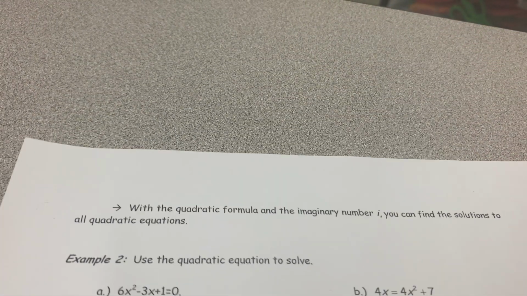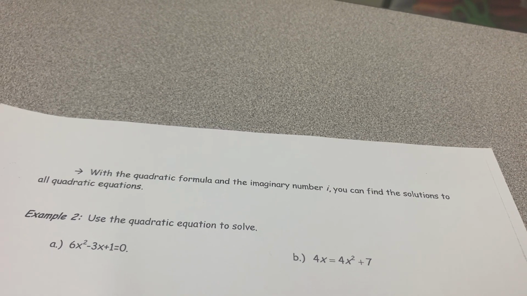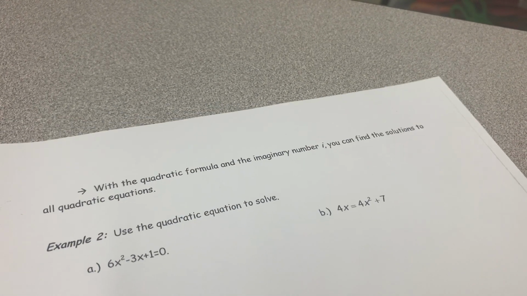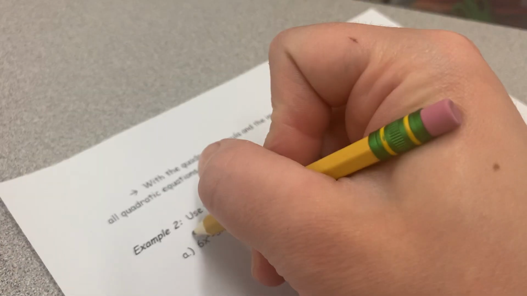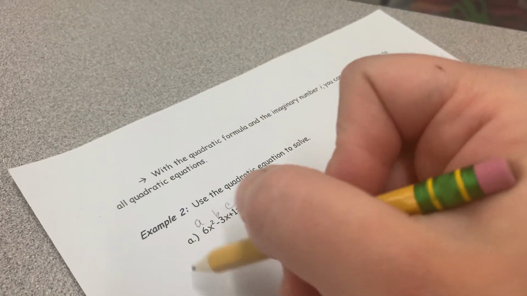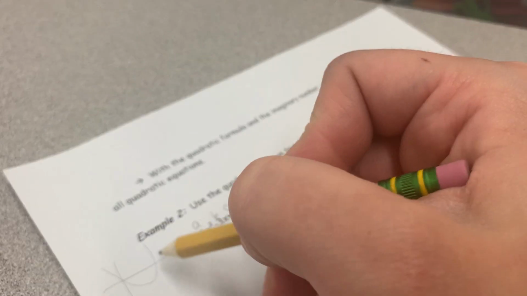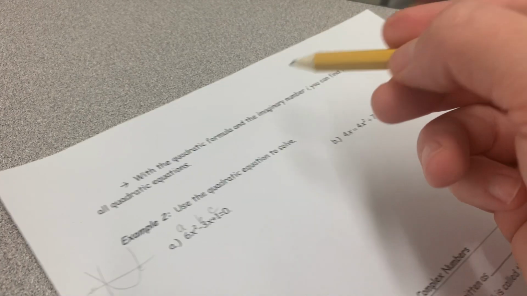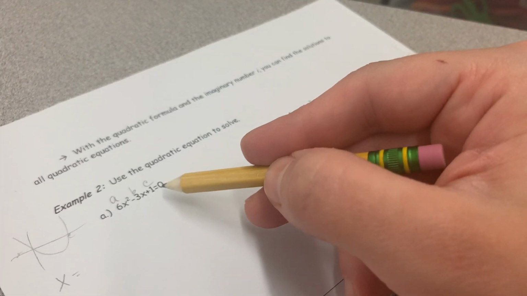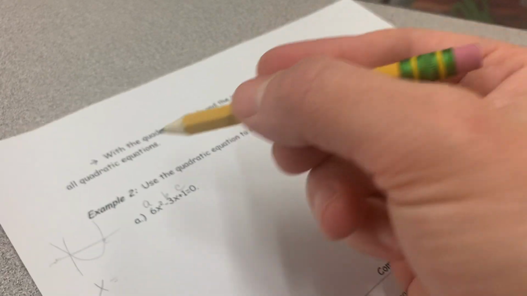Okay, it says, with the quadratic formula and the imaginary number, you can find solutions to all quadratic equations. So let's just pick one of these. 6 is your A, negative 3 is your B, and negative 1 is your C. If I were to graph this, I already know it's imaginary, so it's not actually going to cross the x-axis. It's going to hover. However, I can find an imaginary number that algebraically will work.